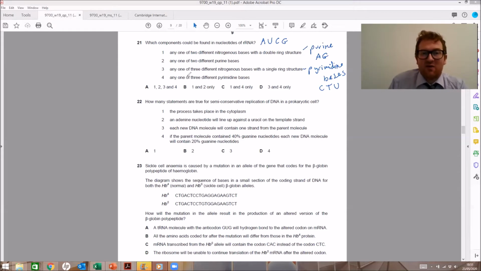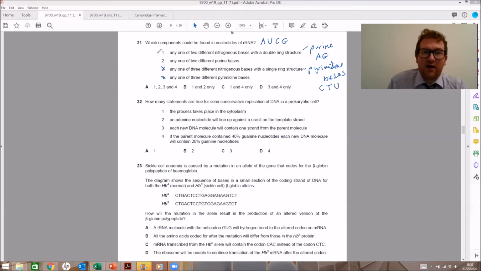And then it says any one of the three pyrimidine bases. So effectively statements 3 and 4 are both incorrect, because there's only going to be two out of the three possible ones present because it is referring to rRNA and not DNA.